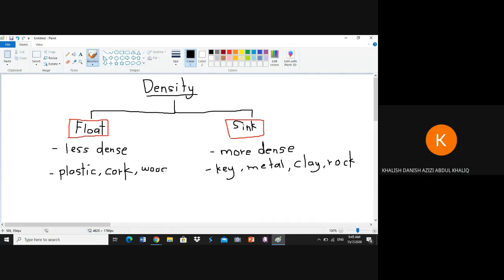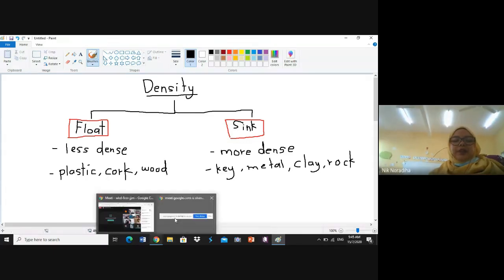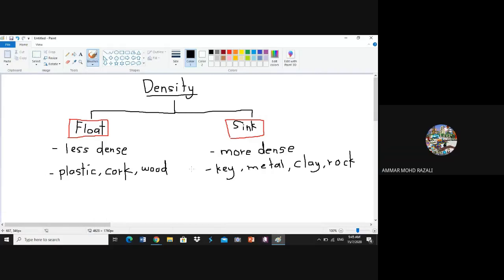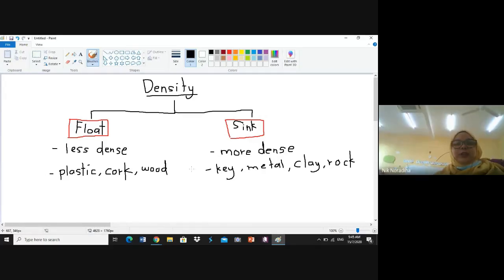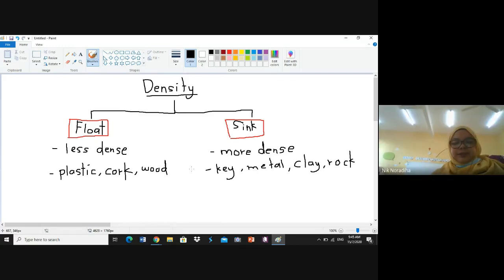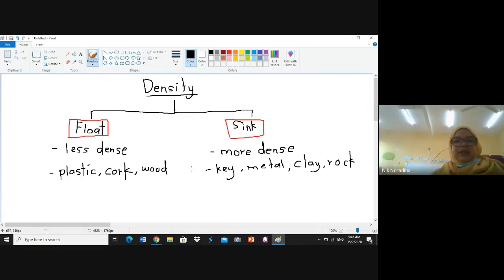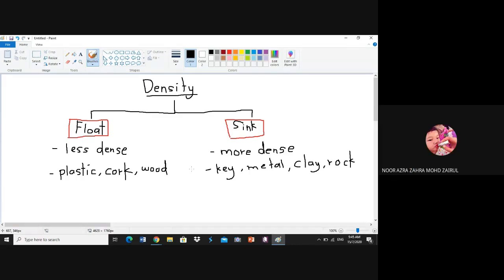Let's say if you want to write spoon, you need to be specific. Either it's plastic spoon or metal spoon, because we have many kinds of spoon, right? So does plastic spoon float or sink in water? Plastic spoon floats.